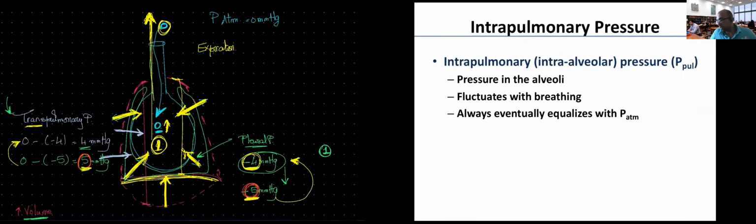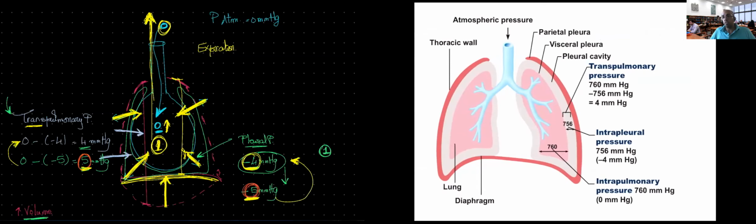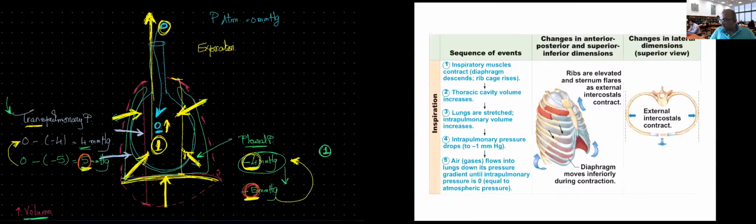So again, what allows inspiration and expiration to take place? Remember, during inspiration, the inspiratory muscles will contract. So the diaphragm is going to be moving down, rib cage is going to be moving up.